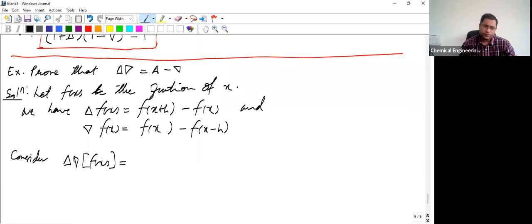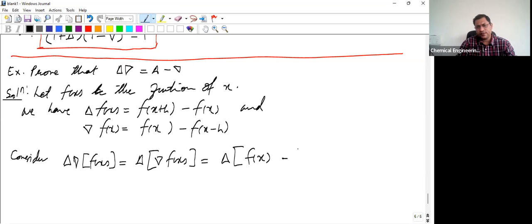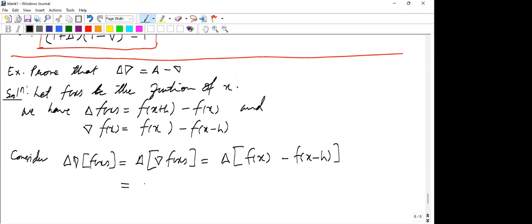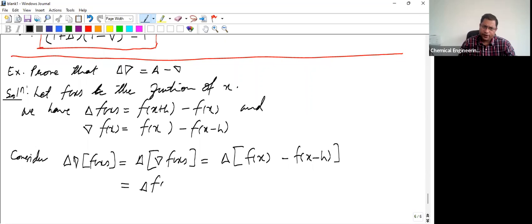So what we have here is delta of del f of x. So it is delta of f of x minus f of x minus h. Is that okay? Yes, sir. Now it will be delta of f of x minus delta of f of x minus h.